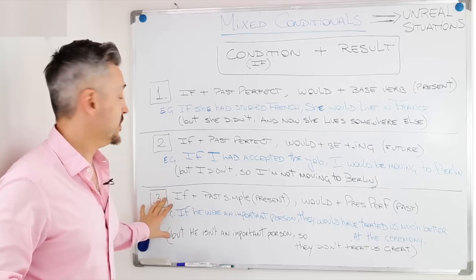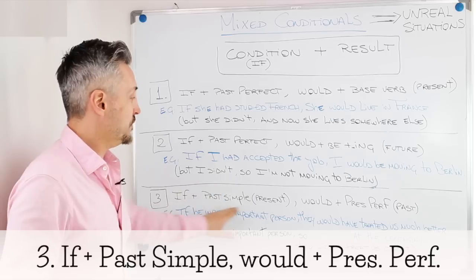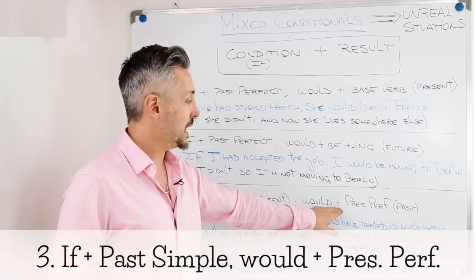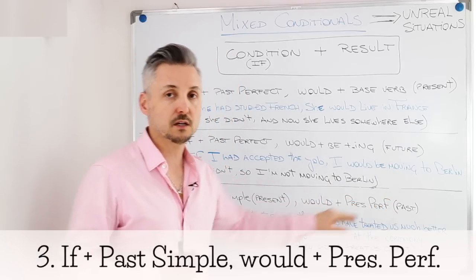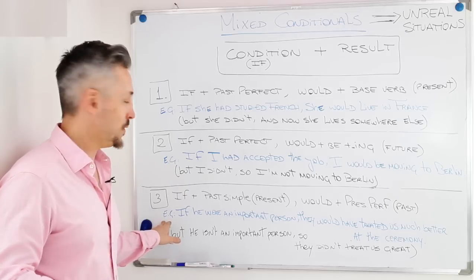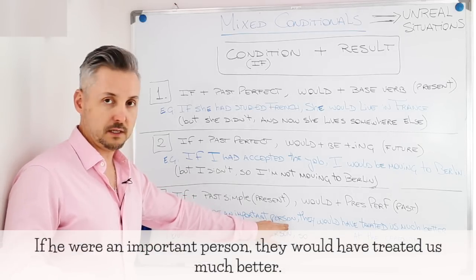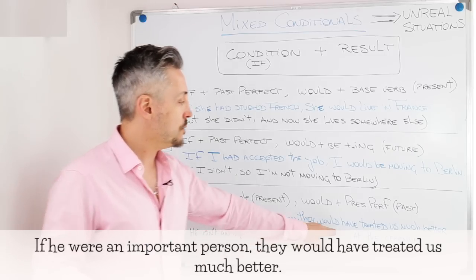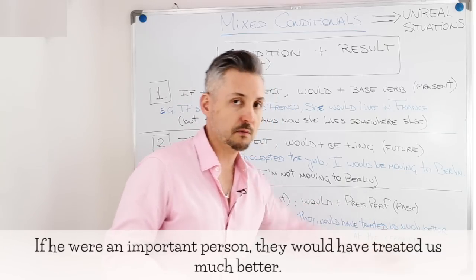The third pattern, if plus past simple, which refers to a present condition, would plus present perfect, which refers to a past result. Okay? Now, let's look at the example. If he were an important person, they would have treated us much better at the ceremony.